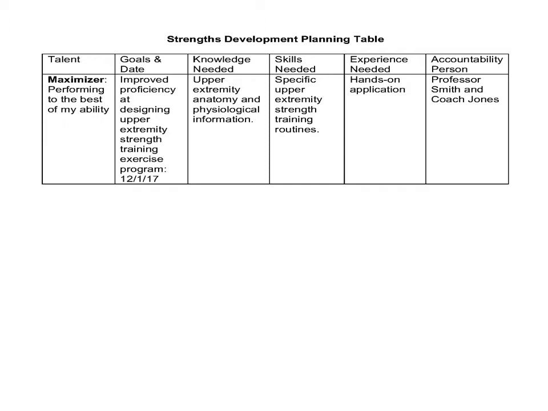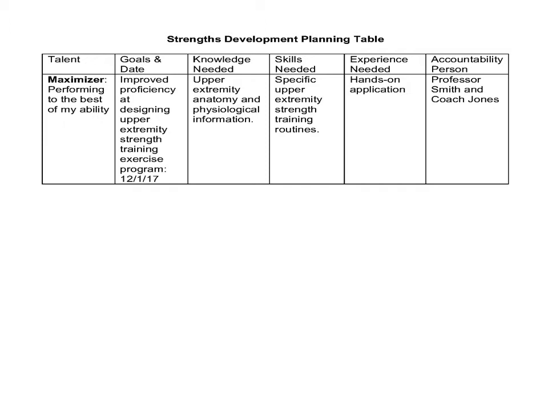This student needed upper extremity anatomy and physiological information. The skills that the student needed were specific upper extremity strength training routines. They need to know how to do that. And so they need experience and hands-on application of those upper extremity strength training routines.